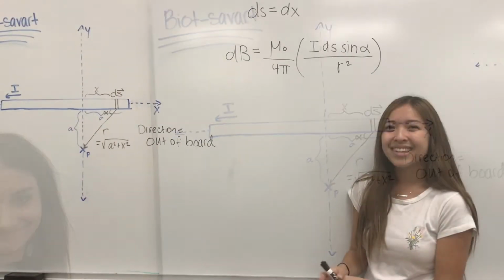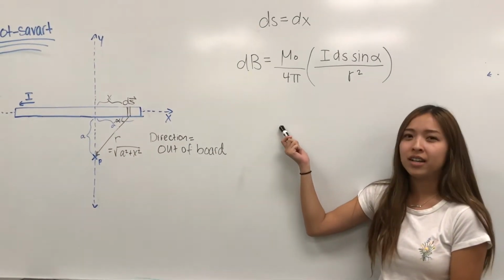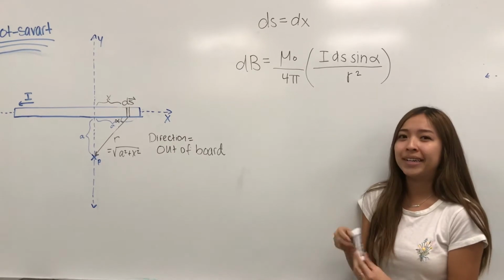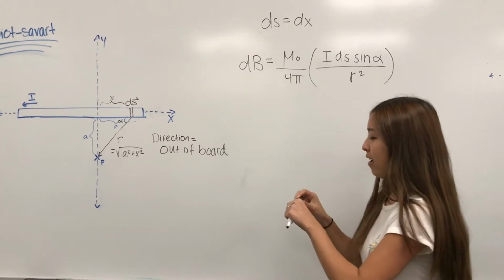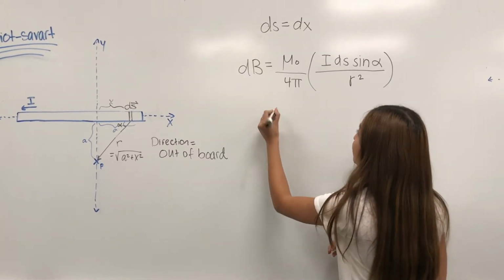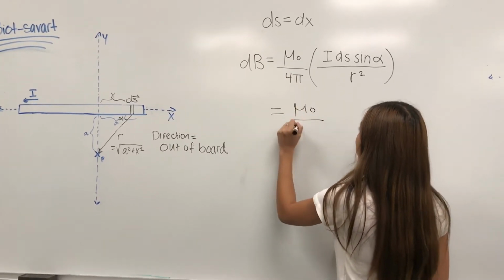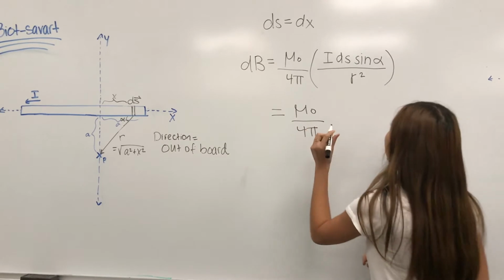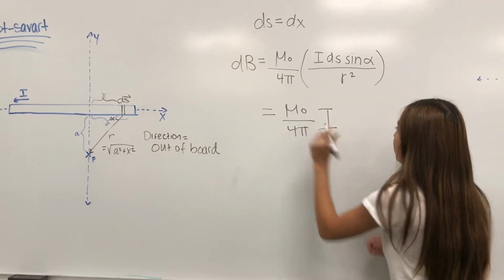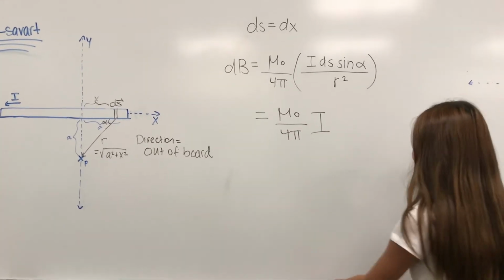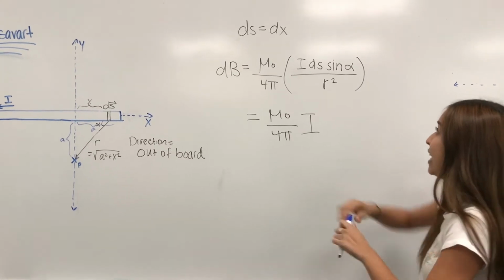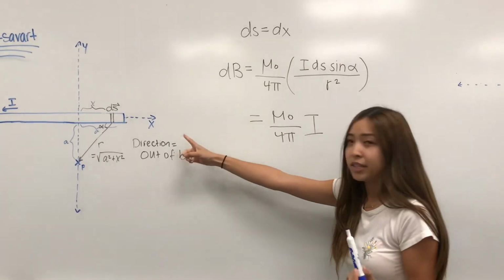That's it. So we're going to use the Biot-Savart law to determine the magnitude of the magnetic field. In this, the constant mu naught over 4 pi stays the same, and the current I will stay the same. For ds, we've determined ds to equal dx according to our picture.